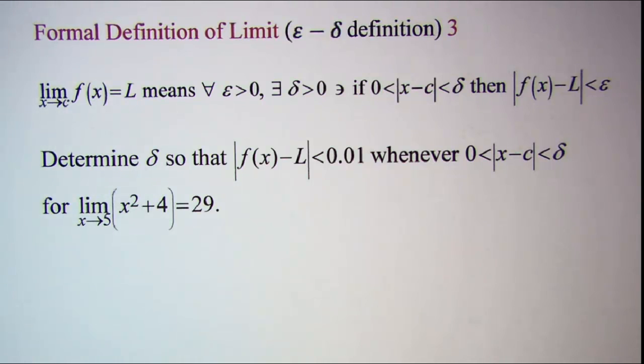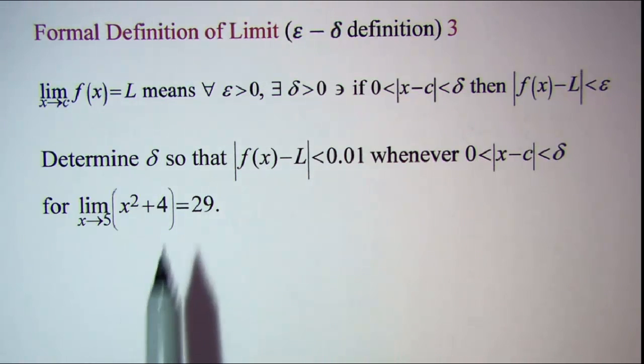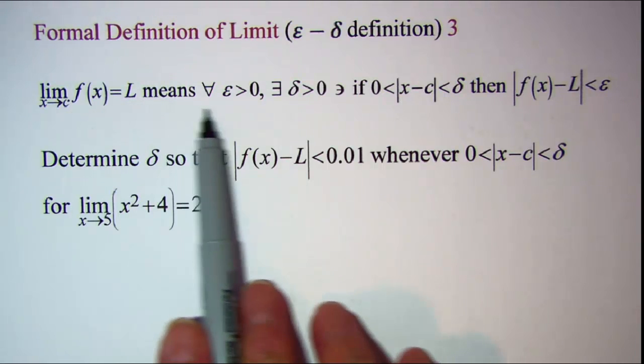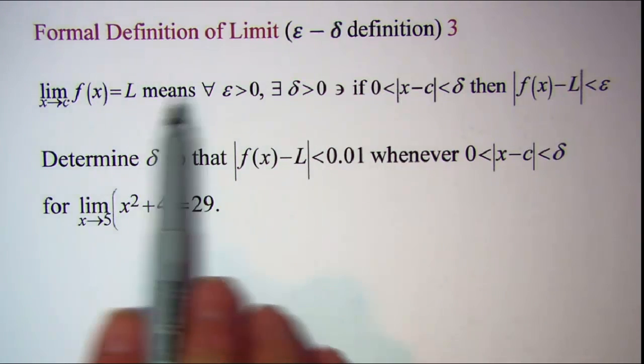In this video, we'll be using the formal definition of limit to determine a delta so that our limit is equal to 29. Here we have the formal definition of limit.